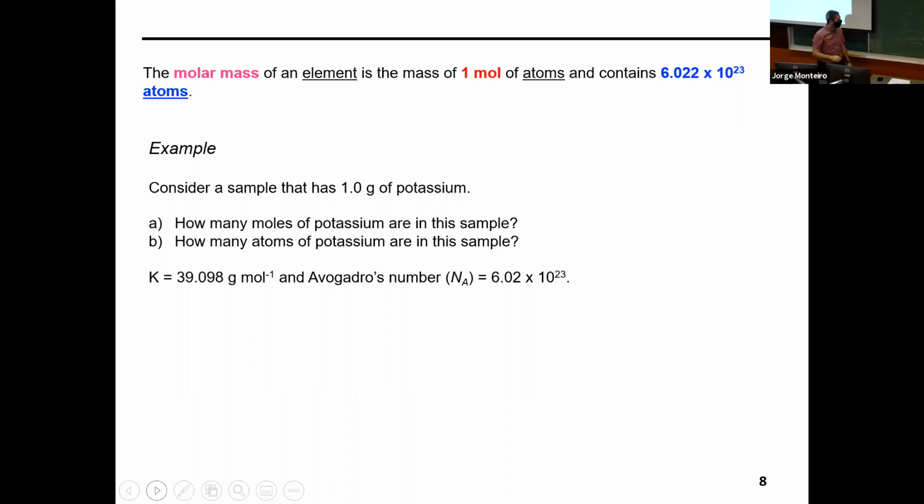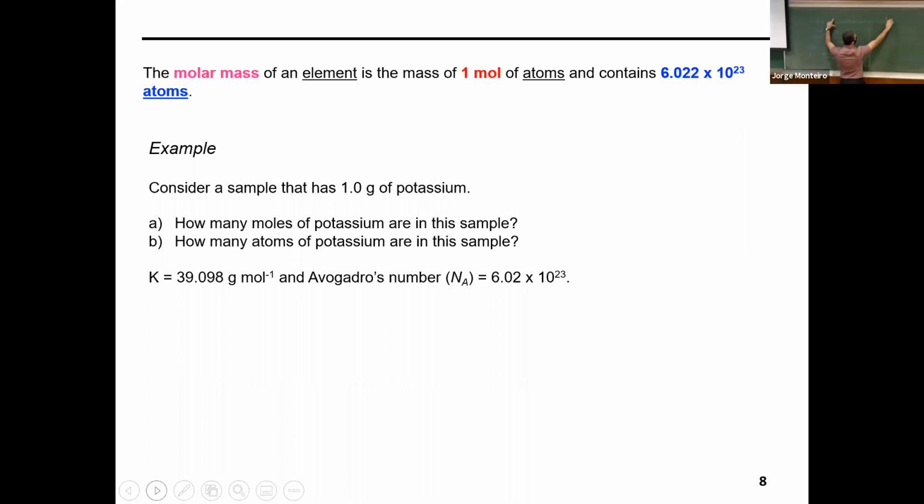The second one is to use the result you got from the first part, mole, and correlate mole and number of atoms. I do not recommend you to use this correlation because if you are wrong in the first part and you use wrong results, you are going to be wrong in the second part. Therefore, I'm going to correlate atoms and mass because that increases my probability to get a correct result.